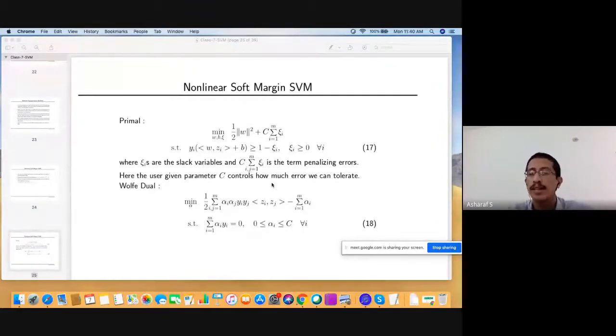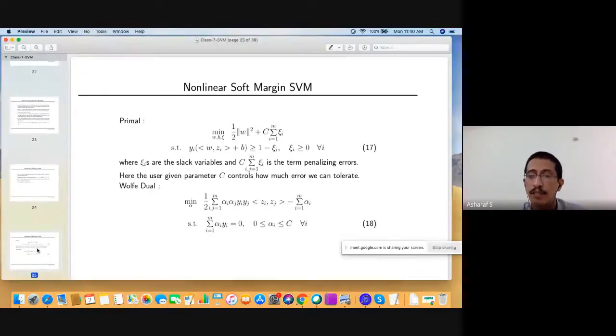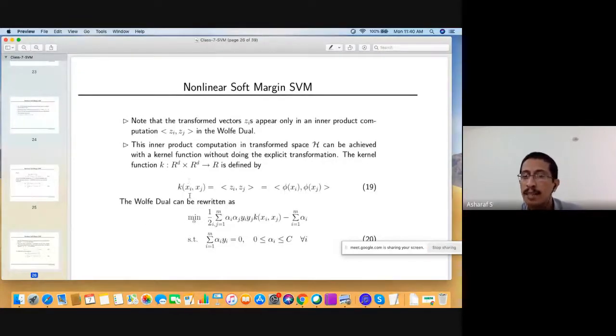And it turns out that there is a class of functions, let's call them magical functions, which when given xi and xj as inputs, can compute zi dot zj, and such functions are called kernel functions. If you input xi and xj, the original data vectors, it returns zi dot zj, which is essentially phi of xi dot phi of xj.